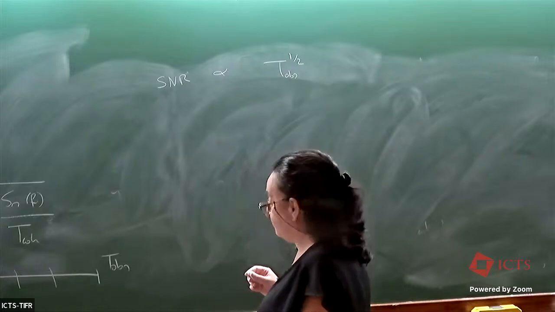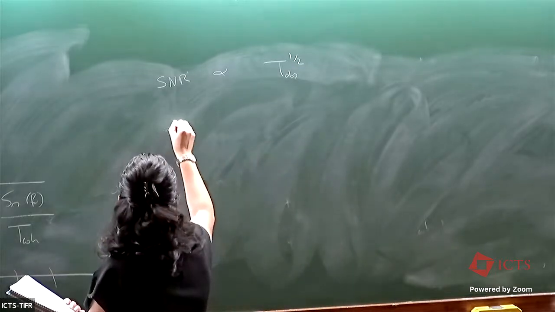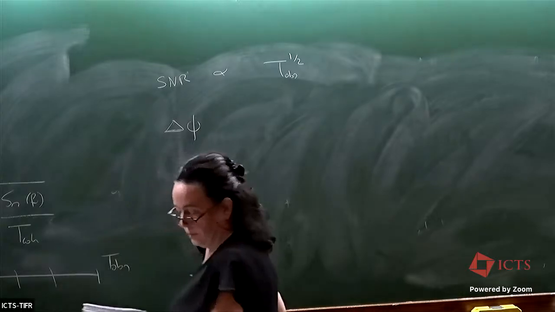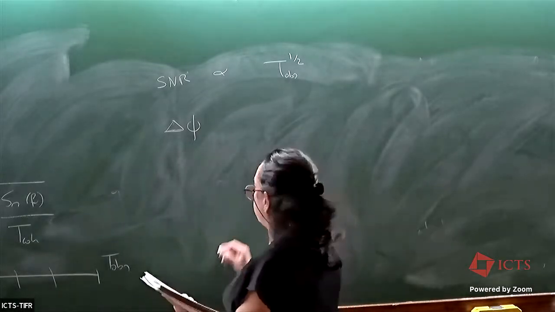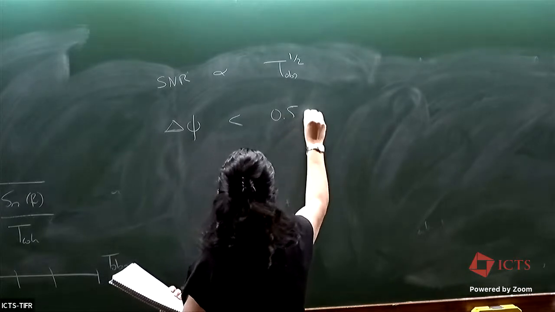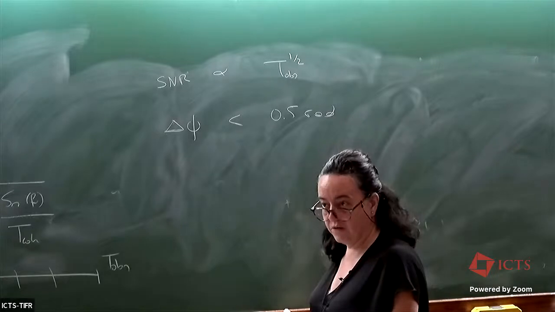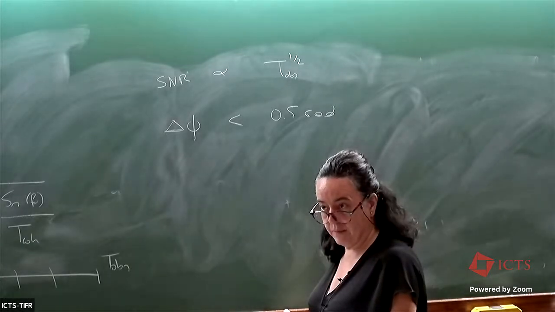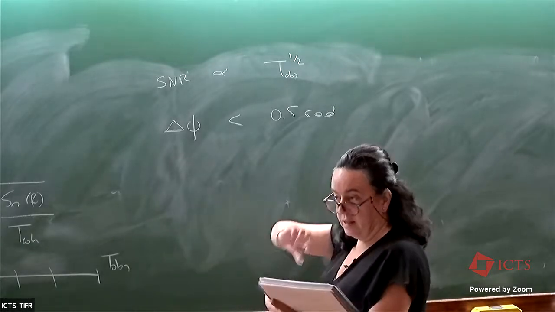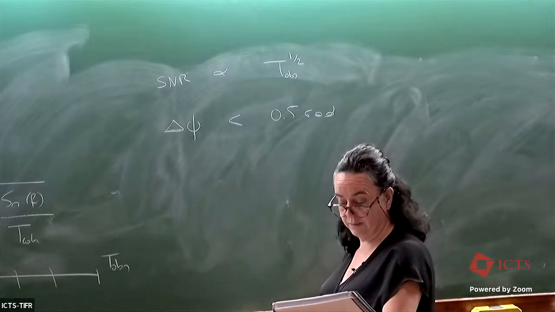For example, if I want to avoid a cumulative mismatch greater than, let's say, 0.45 radians for a full observing time, because otherwise there will be too much mismatch in phase that I will lose it.